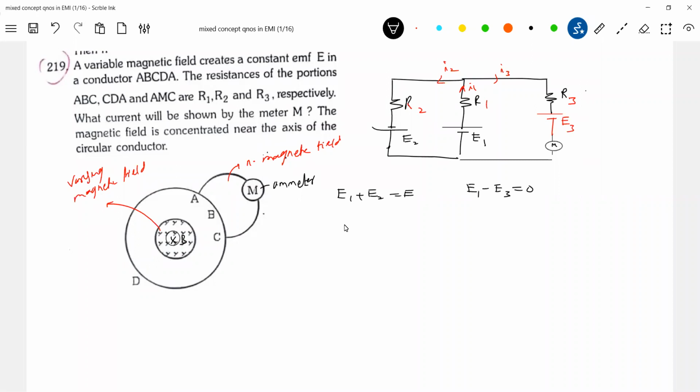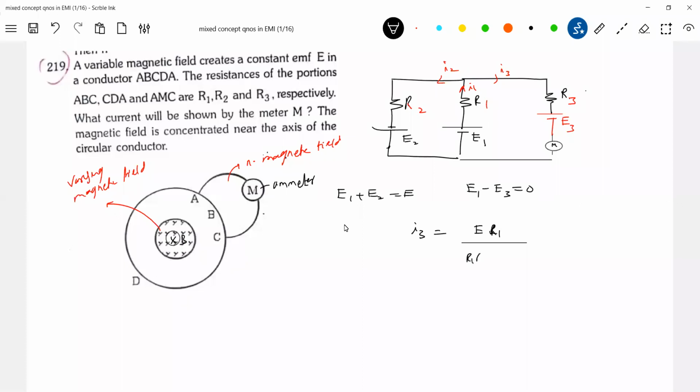Anything, no? It's just KCL. Or if you want to put it in this way, anything. You solve it, and if you get I3 negative, change the direction. I'll write down the magnitude of I3. So check later on. This is only the idea.